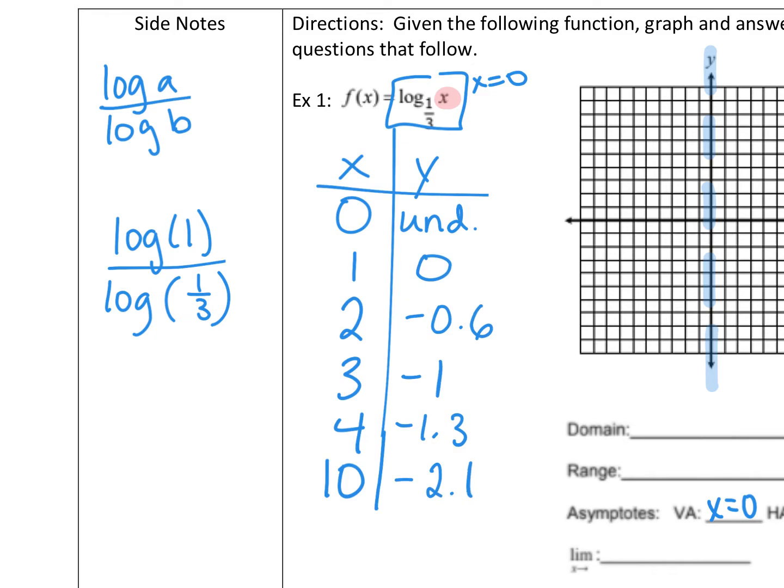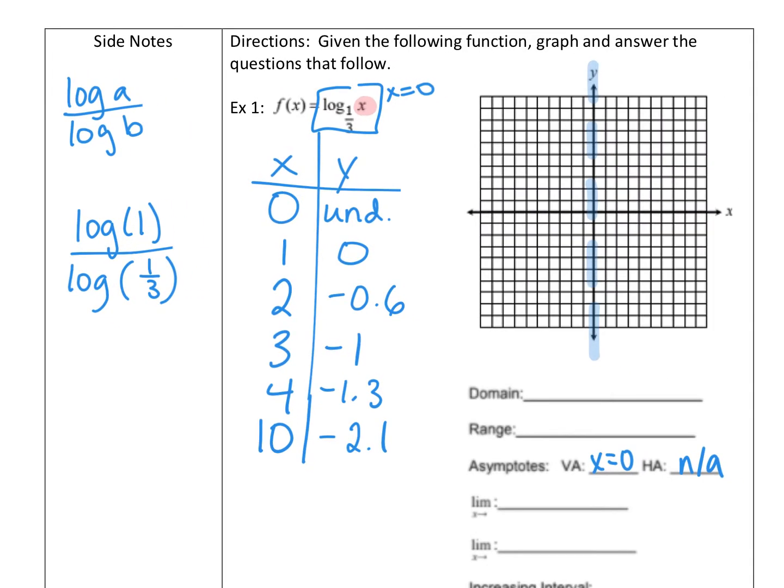Okay, cool. So now we go and we plot these numbers. We know the first one's undefined, so we don't need to plot that. Plot 1, 0, 2, negative 0.6. Just try your best on those decimal ones. And all the way to 10, negative 2.1. Okay.